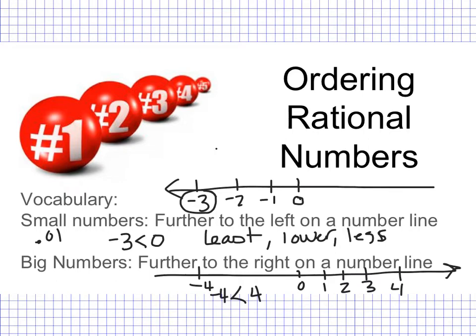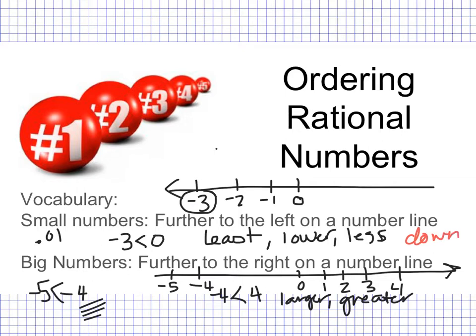But what this also means is that -4 is bigger than -5 because -4 is further to the right. Some other words that might be used to indicate a big number would be larger, greater, etc. Big and small, and down is a way that we indicate smaller numbers, and up as a way that we indicate bigger numbers.